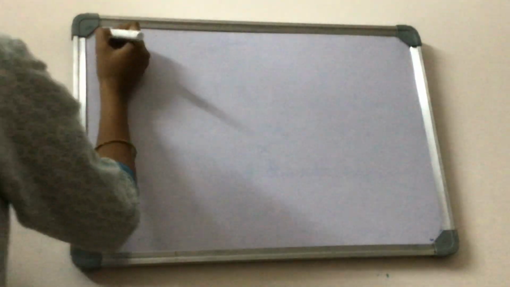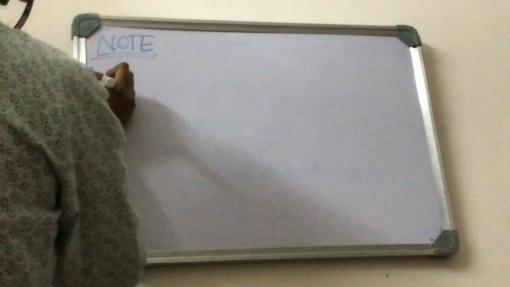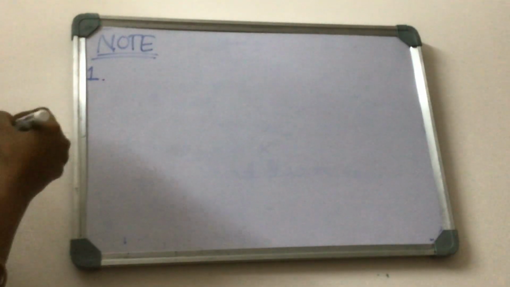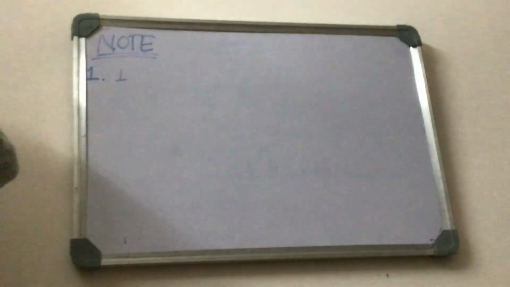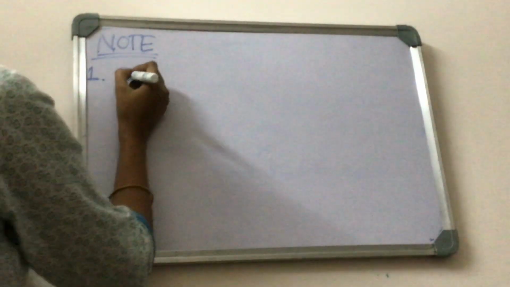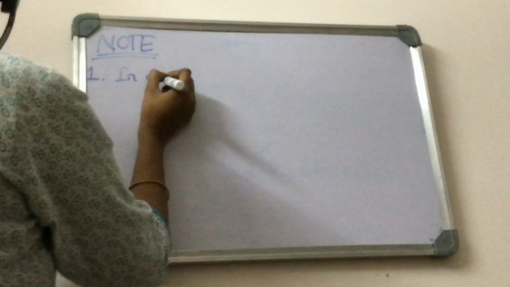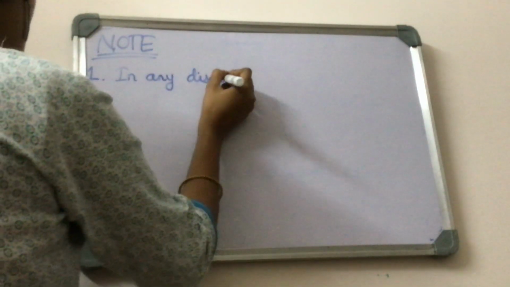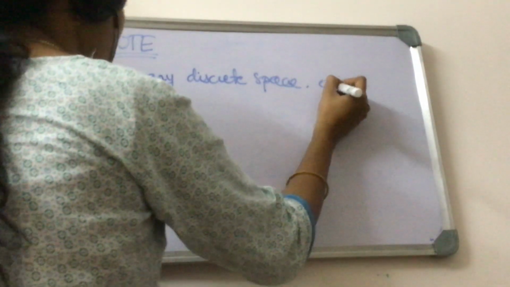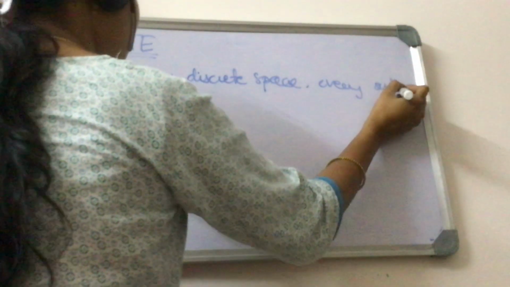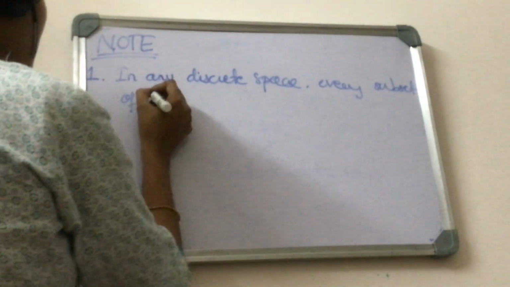Okay, now we will move on to some important notes. The first one is, in any discrete space, every subset of X is open.